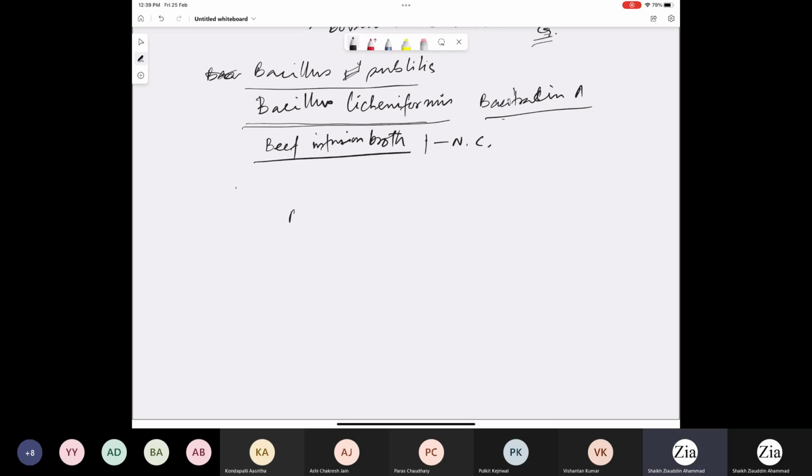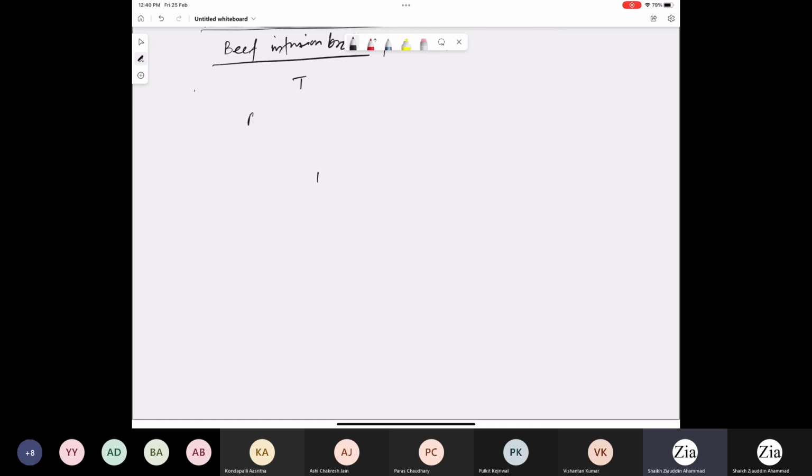Now, this bacitracin is produced in a similar fashion. First you get the bacteria from soil, like Bacillus licheniformis from soil, and then they preserve that after doing normal screening to check which particular strain is giving the highest titer, and that culture is actually used for further production process. So first you grow it in a 4-liter flask, and here the optimum temperature is around 37 degrees centigrade.